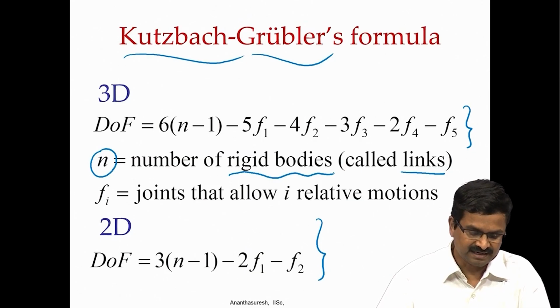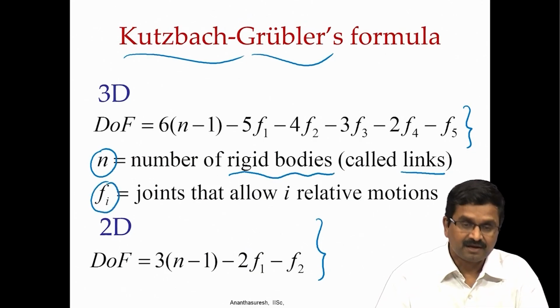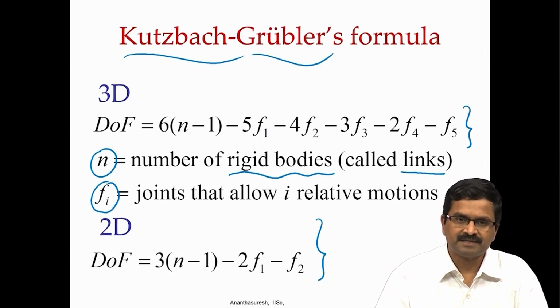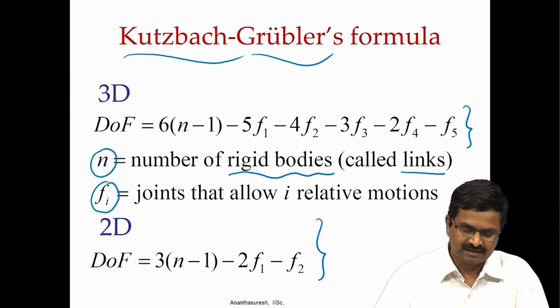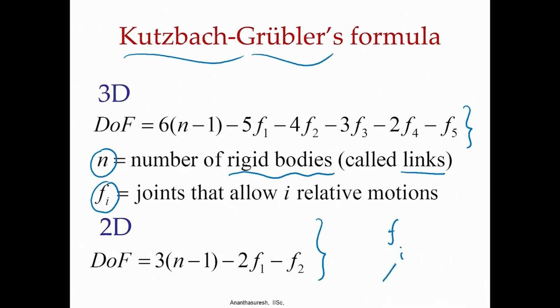Okay? That is n, and then Fi, which is here, is the number of joints that allow i relative motions between the 2 bodies they connect. So, every joint connects 2 rigid bodies, and if I say Fi, then i indicates the number of relative freedoms that this joint allows between the 2 bodies it connects. So, if you have a revolute joint, that is a hinge, it allows 1 relative rotation, that is the relative motion that it allows.